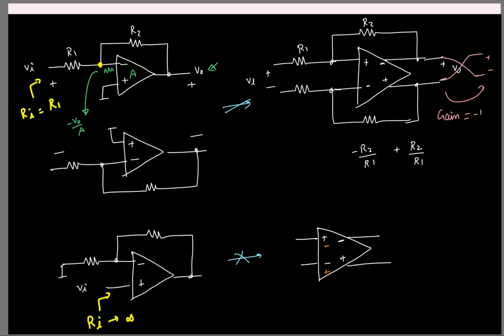Whereas if I have a non-inverting amplifier, at the non-inverting terminal you have directly connected the input. So I'll have the entire swing of the input at the non-inverting terminal. What can you say about the inverting terminal? If you have an ideal virtual ground, it will be the same as the non-inverting terminal, right?